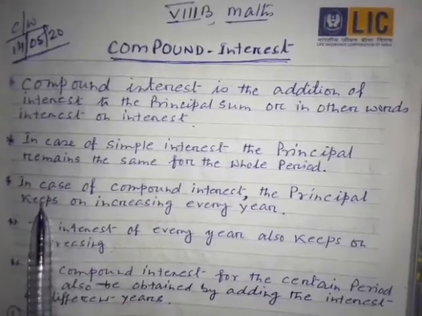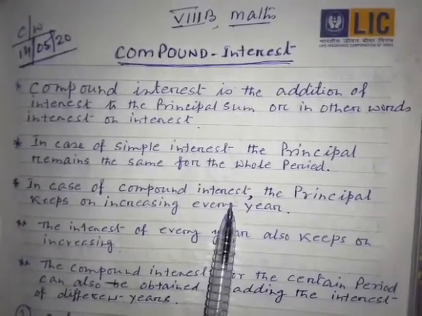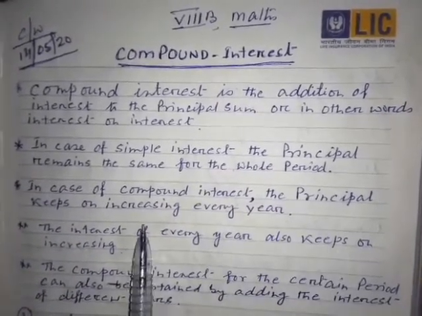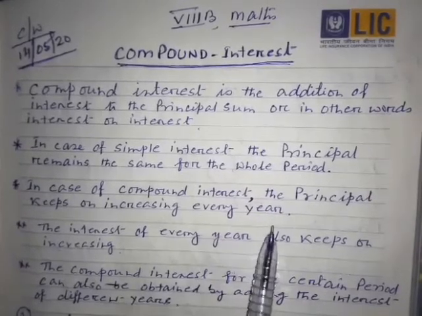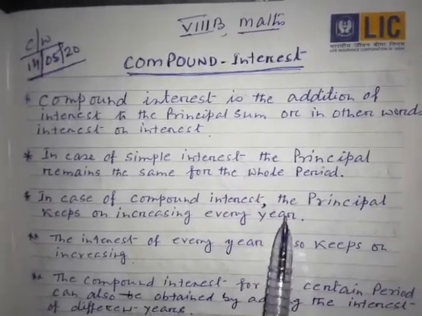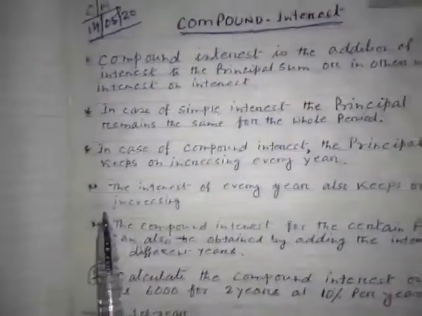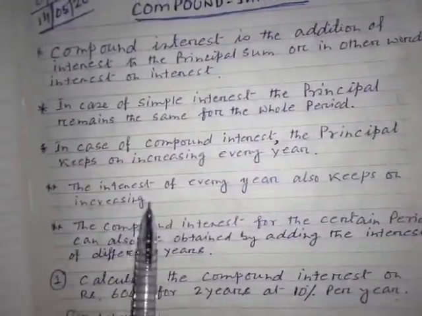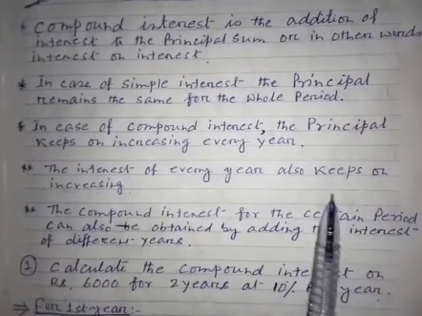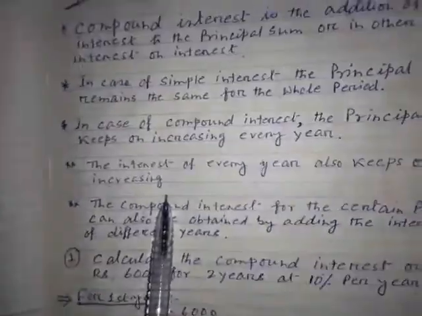Third thing, in case of compound interest, the principal keeps on increasing every year. How it increases, I'll explain when I do the problem. Next point, the interest of every year also keeps on increasing.